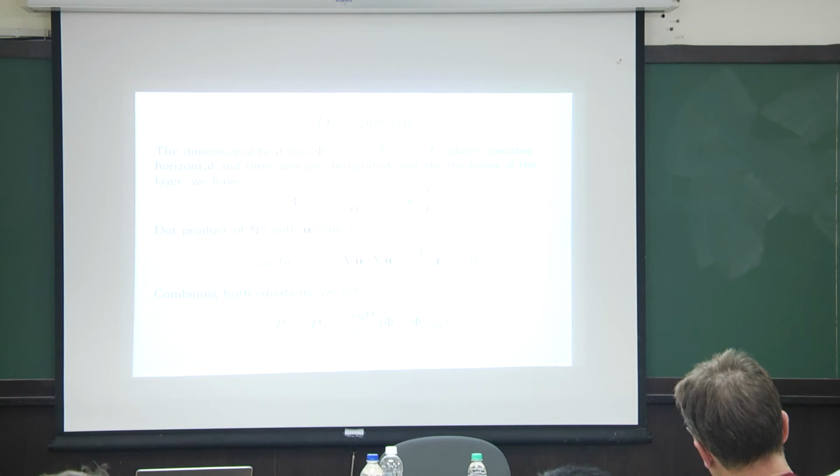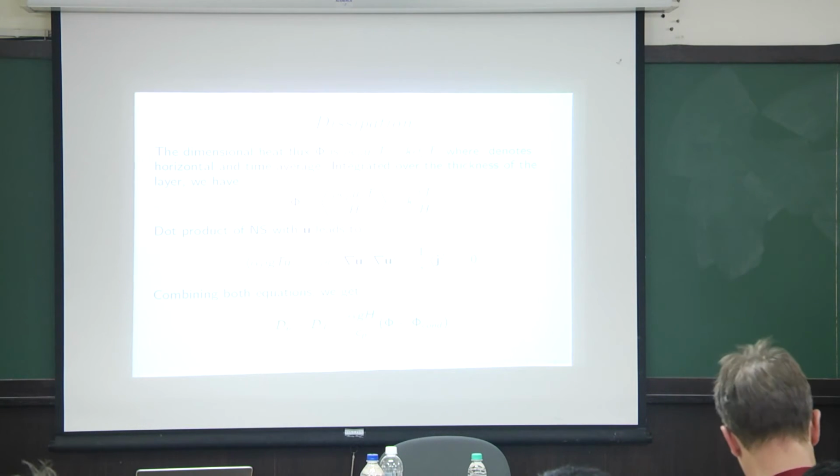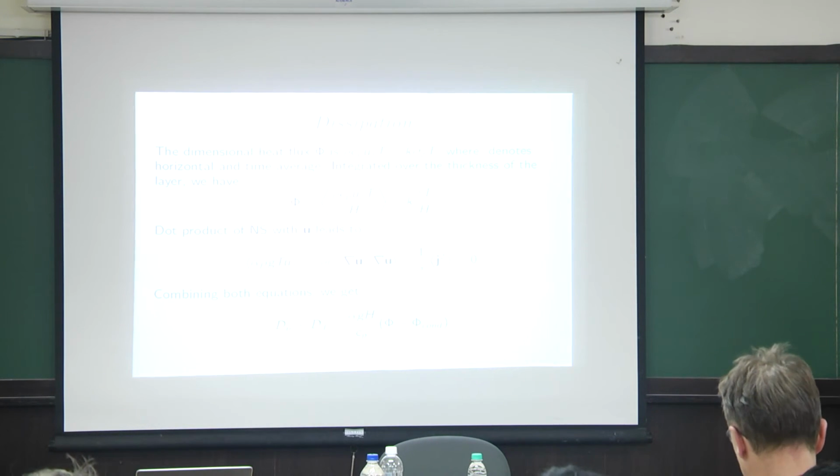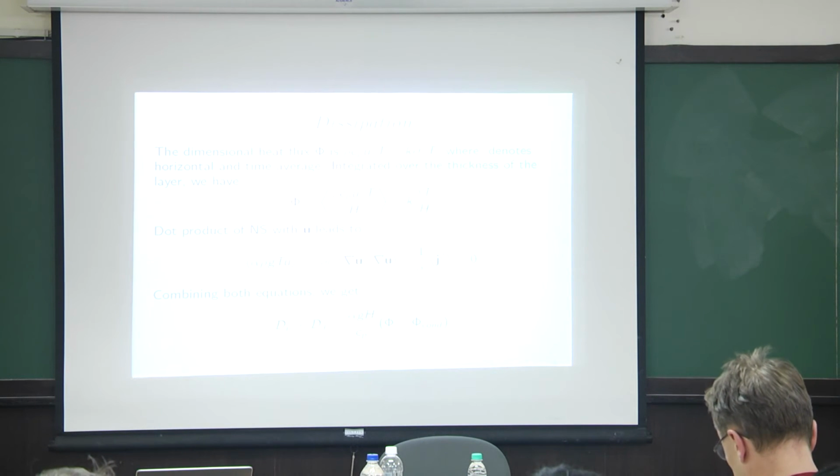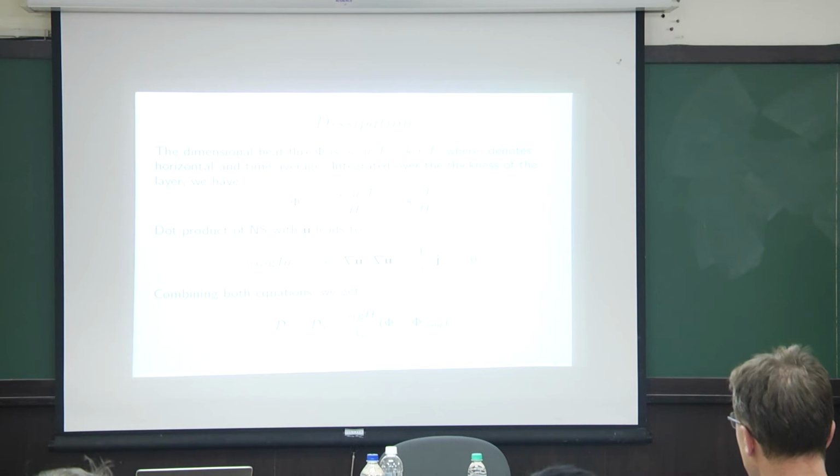And combining both equations, we get that the total dissipation will be this dissipation parameter here, alpha g H over Cp, multiplied by the difference between the actual flux minus the conduction flux. So this is the way of getting dissipation once you have the heat flux.